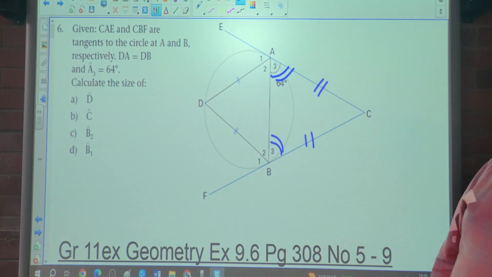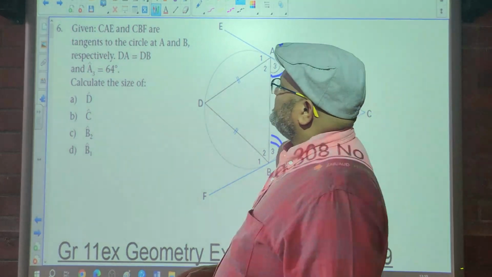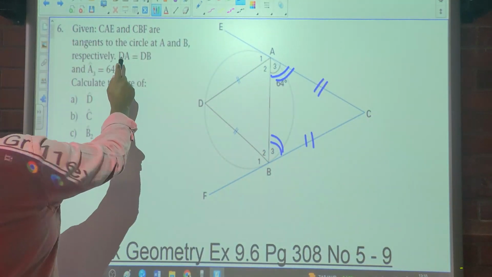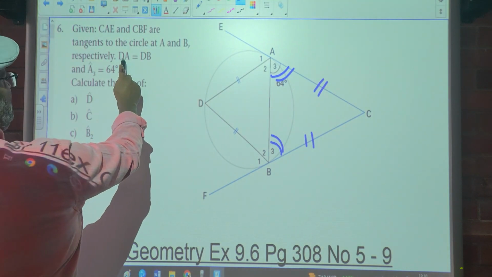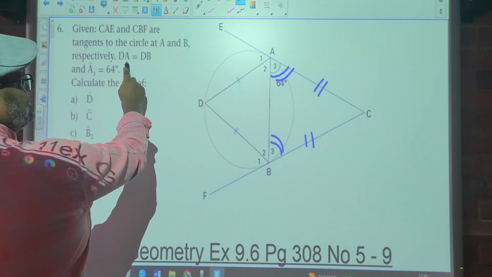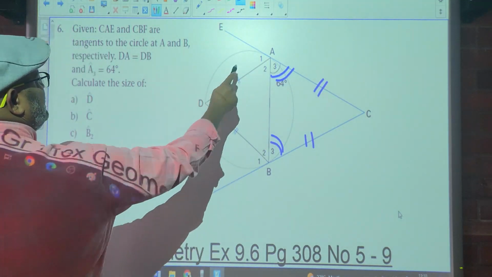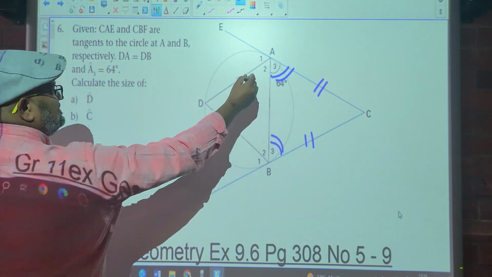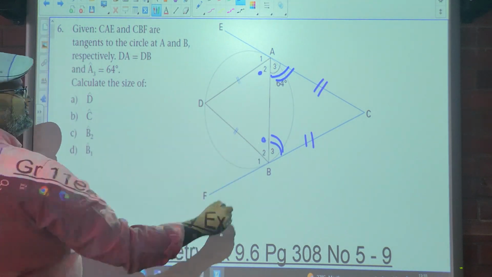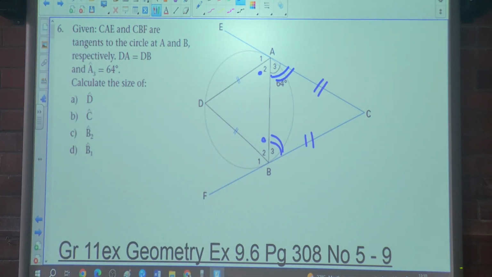Not so? Then we are told that line DA is equal to BD. So if these lines are equal, what do we know? A2 is equal to B2. Why? Angles opposite equal sides.